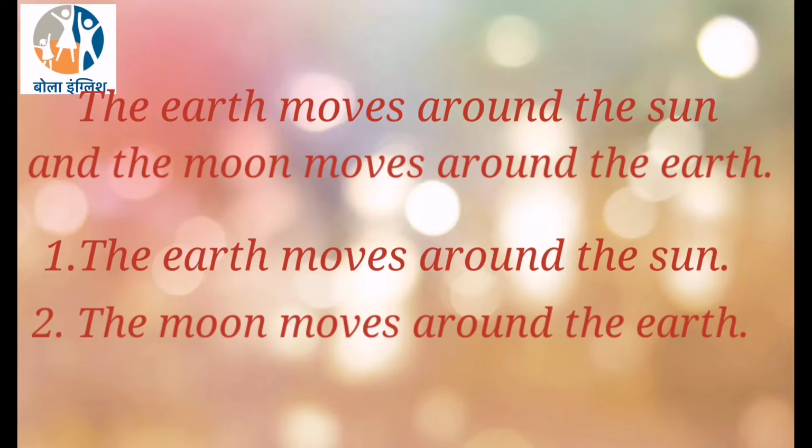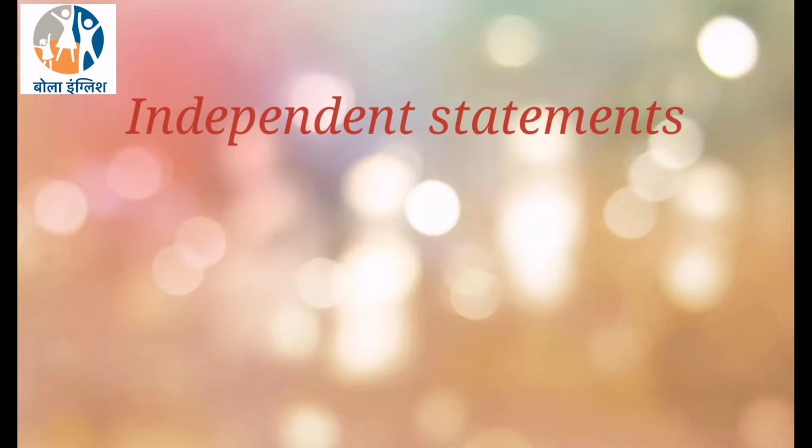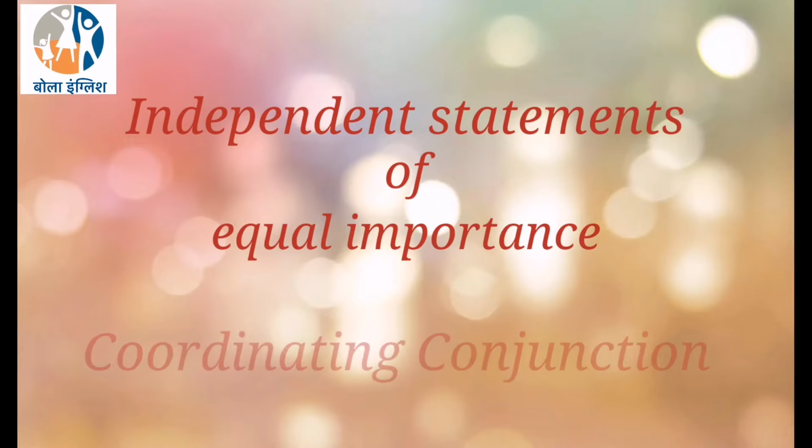These statements are independent of each other. The conjunction and joins them to form one sentence: the earth moves around the sun and the moon moves around the earth. The conjunction that joins two independent statements or two statements with equal importance is called a coordinating conjunction.